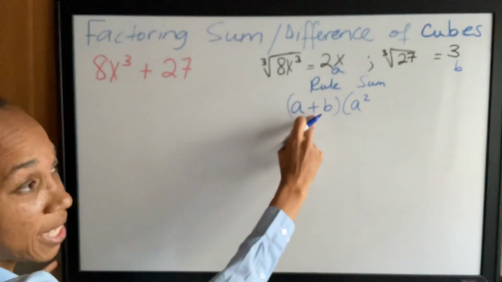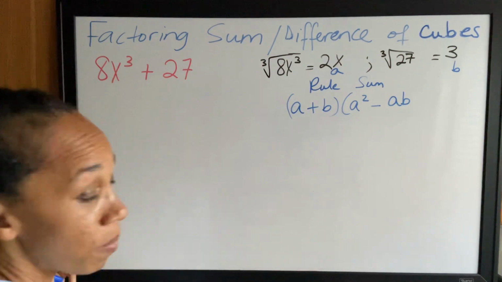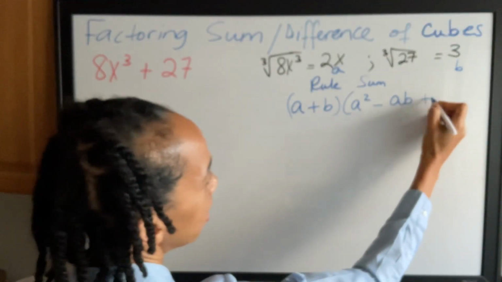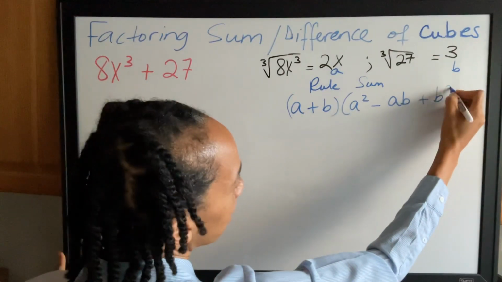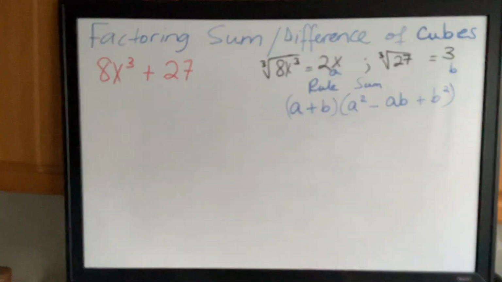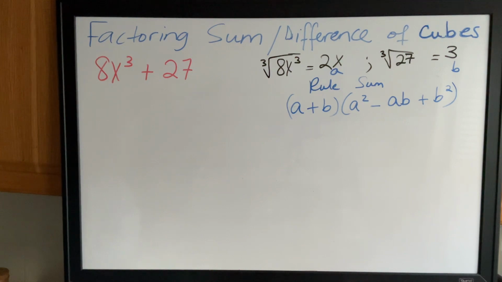We're going to change our sign here to minus, and we're going to multiply A with B, and then this sign is always going to be plus, and we are going to raise B to the second power. All right, so that's the rule for when we're dealing with a sum.